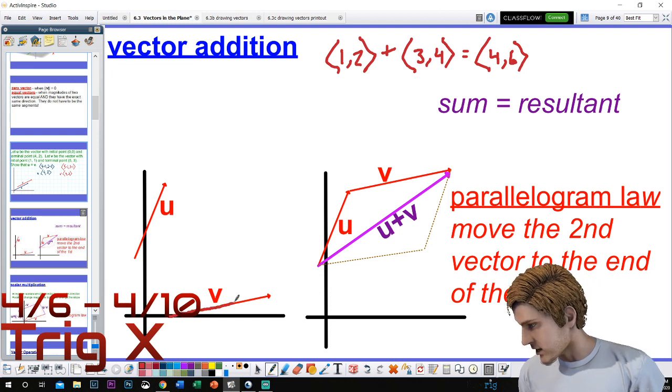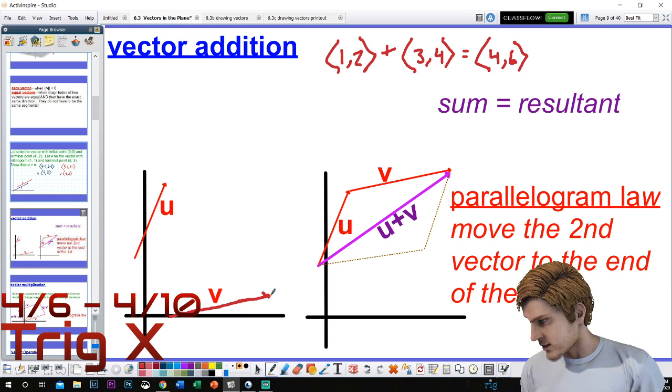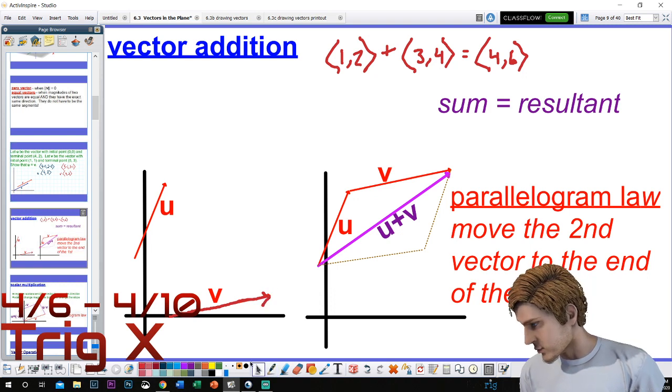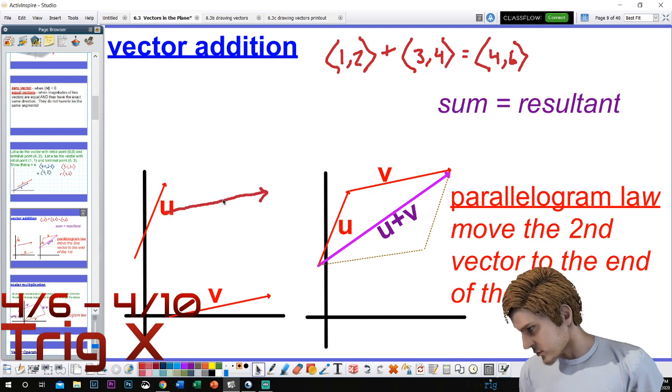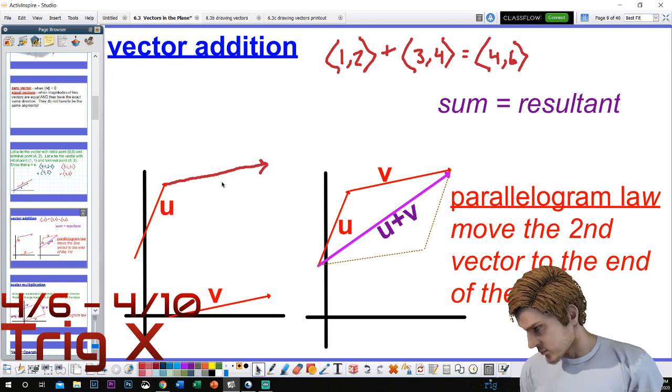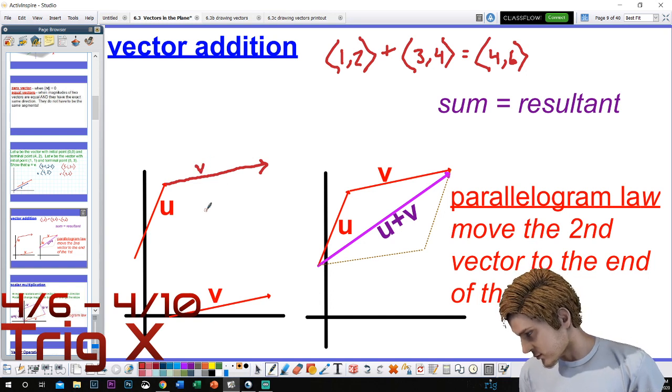Now, if we're talking about it graphically, what you're going to do is you're going to take U plus V. There's my V. And in order to do U plus V, I'm going to basically just magically drag V to the very end of U so that U is pointing to the beginning of V. Got that?